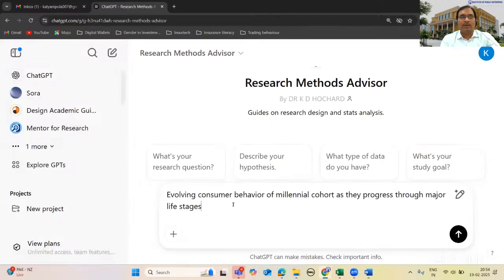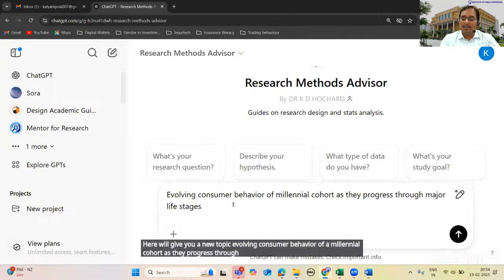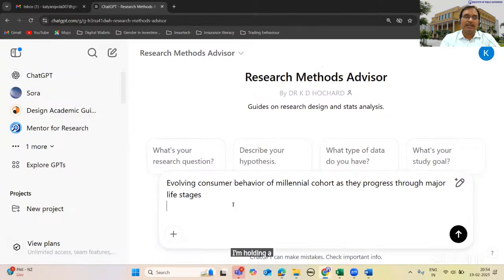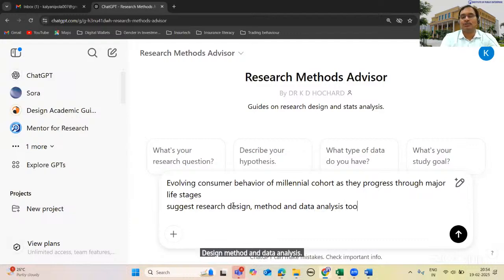Here we'll give a new topic: evolving consumer behavior of a millennial cohort as they progress through major life stages. I'm holding the shift key and enter. Suggest research design, method and data analysis tools.